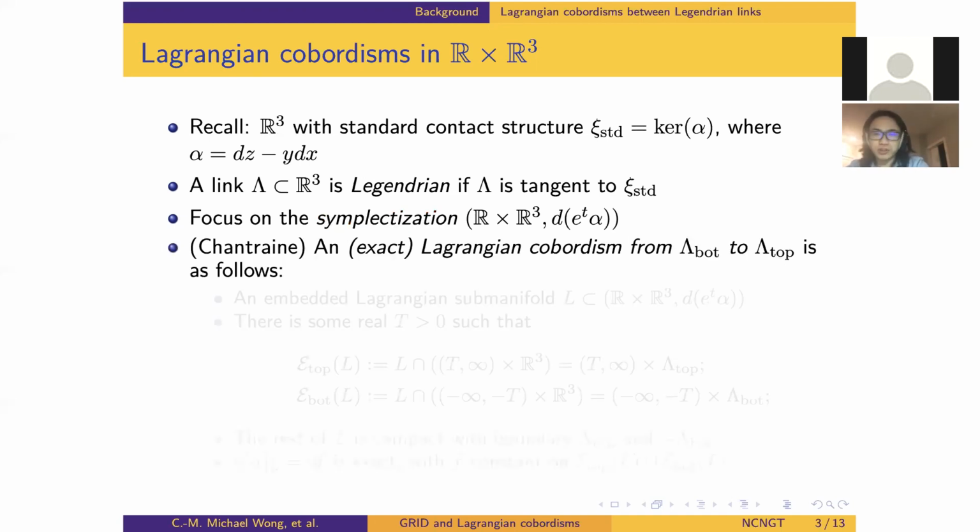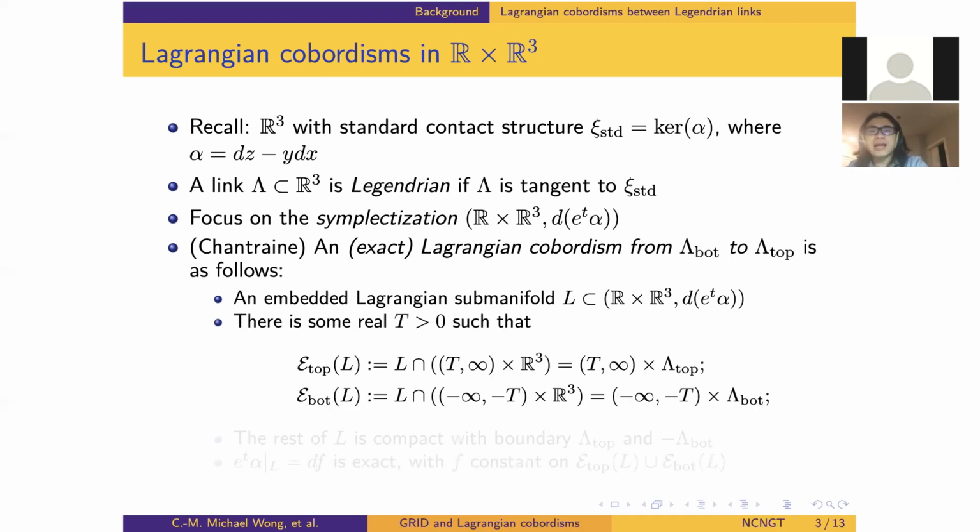So without further ado, a Lagrangian cobordism, as defined by Chantraine, is an embedded Lagrangian submanifold inside the symplectization. In a second, I'll recall what it means for a submanifold to be Lagrangian. The two ends are cylindrical. Of course, I should have mentioned that t here, e to the t, is the first coordinate of R cross R^3.